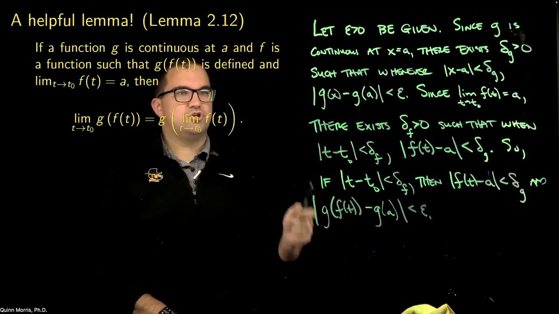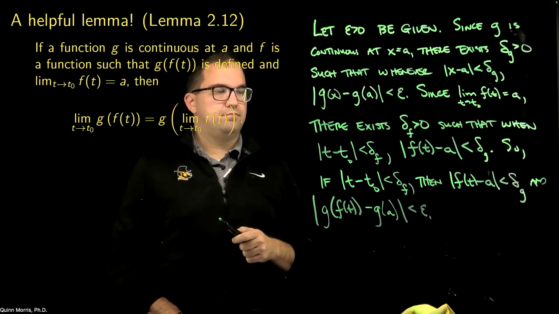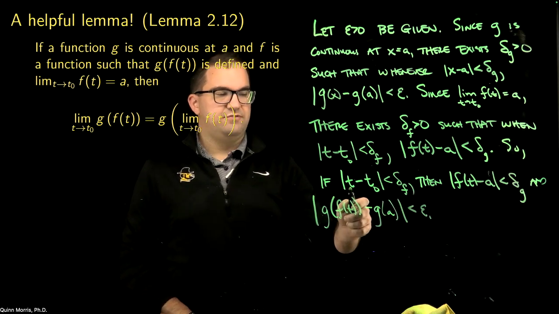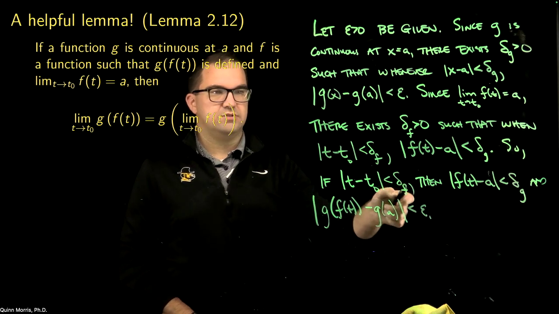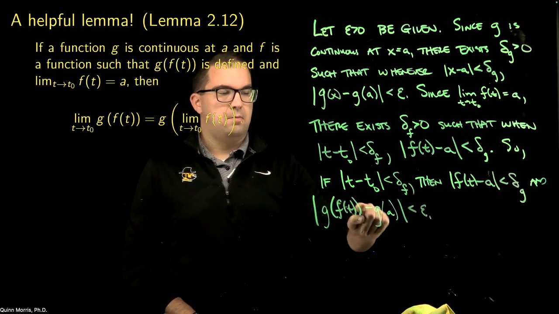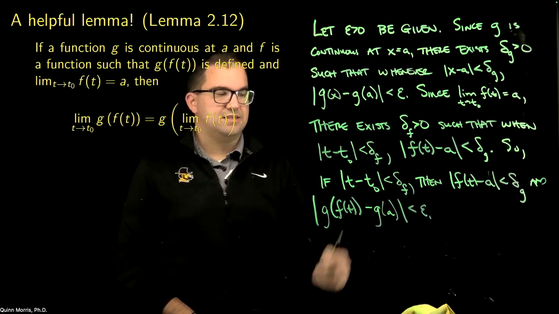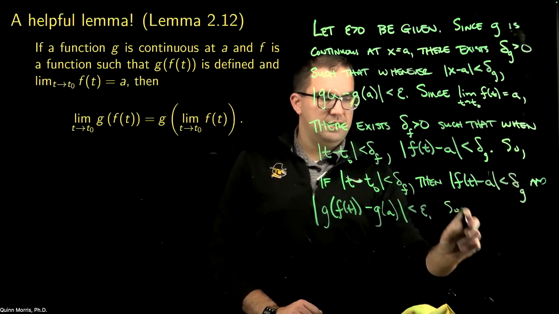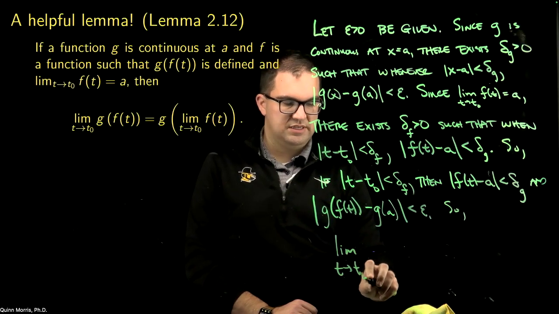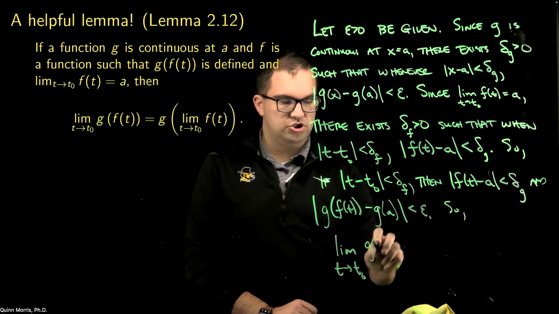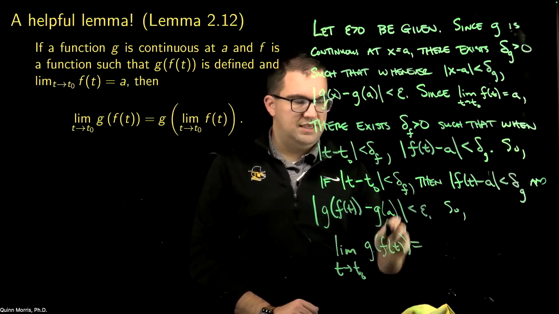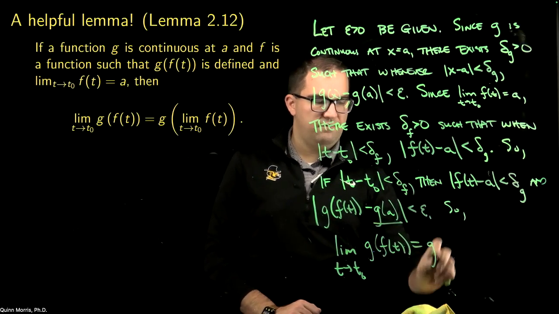So what have I done? I've shown that for any epsilon, I can choose a delta, in this case this delta f, so that if the absolute value of t minus t naught is less than delta f, then g composed with f of t minus g of a is less than epsilon. So this means that the limit as t approaches t naught of g of f of t is equal to g of a.